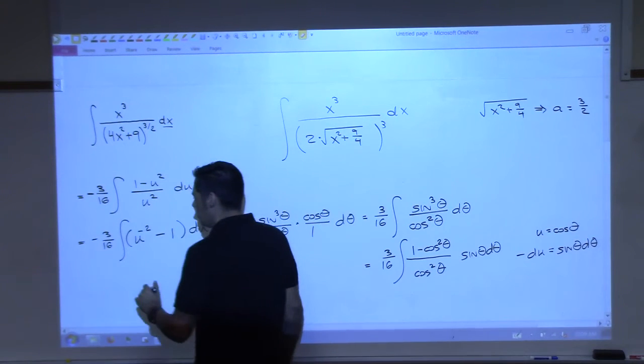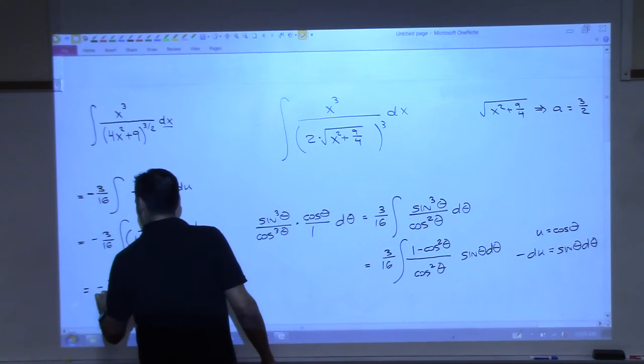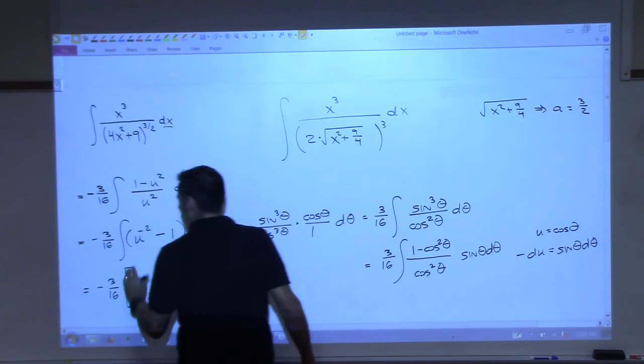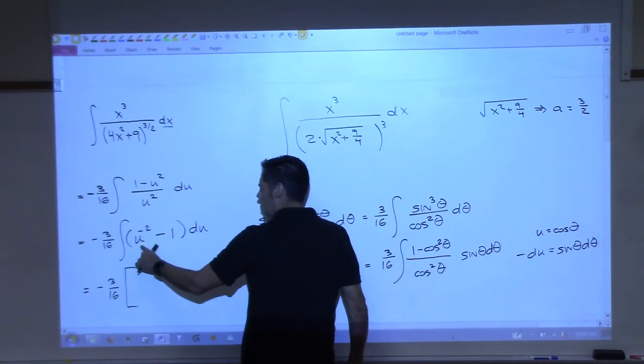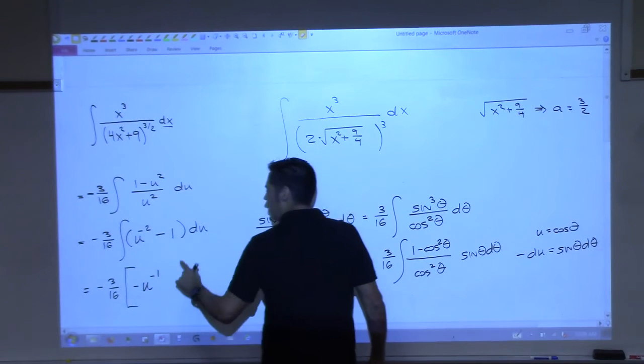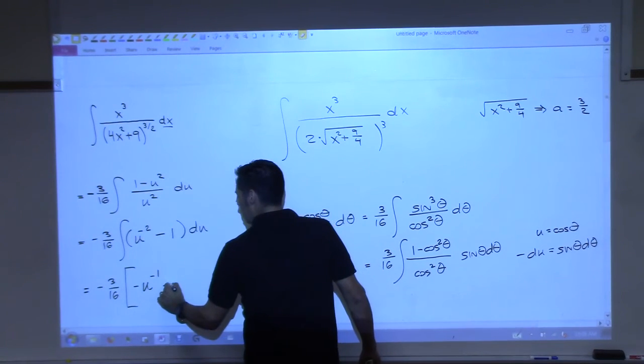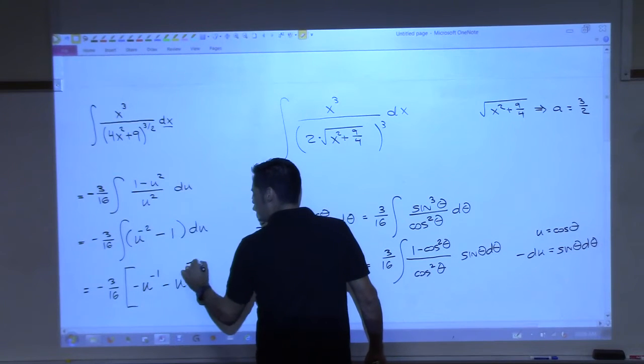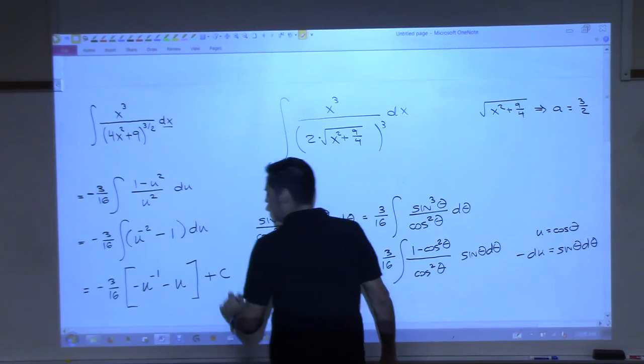What is the antiderivative? Negative 3/16 out here. Antiderivative of u to the negative 2: negative u to the minus 1. And then the antiderivative of 1, which is u, because u is our variable, plus c.